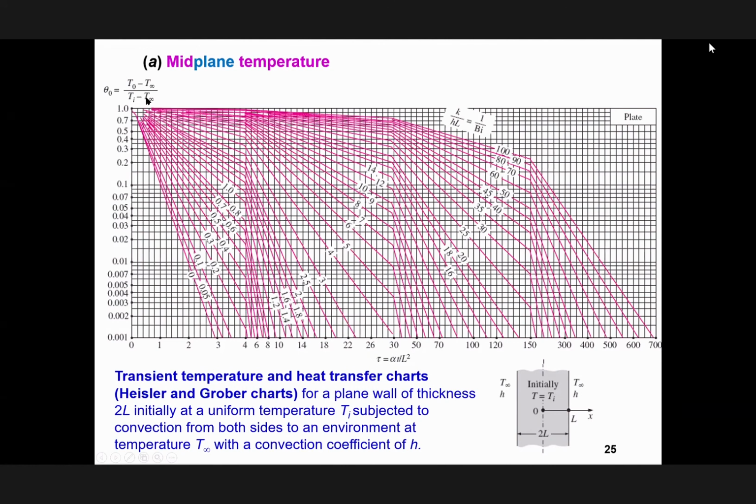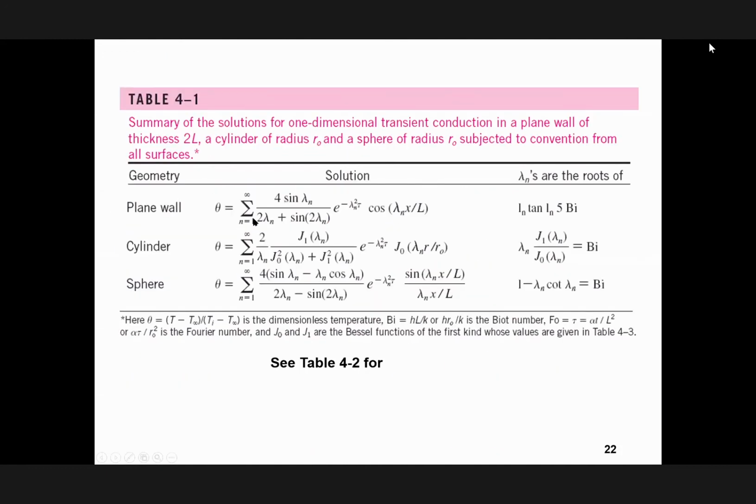Because you have to calculate from one plate to the other plate, and so that becomes a little bit time consuming. But the other worst case scenario is that you have to use this expression here, and then it becomes much more difficult.